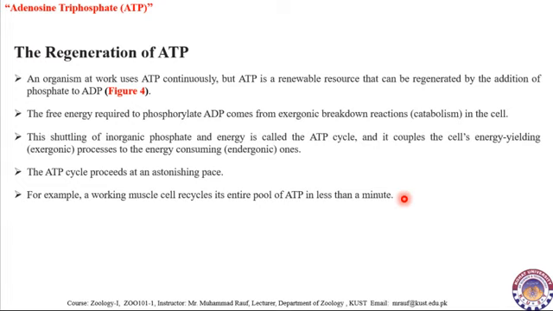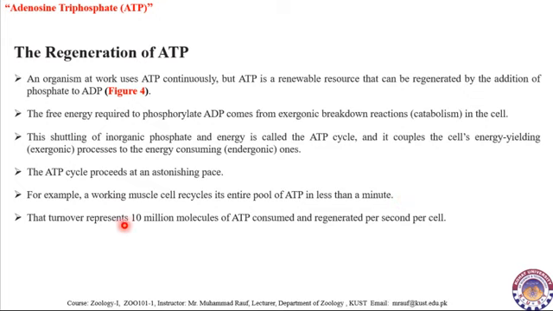So in less than a minute, all the ATP molecules which are there in the muscle lose their phosphate group, deliver energy, and then again they are recycled into ATP form. So the process is that much faster. Therefore we say that ATP carries energy, but it carries energy for a very short period of time.